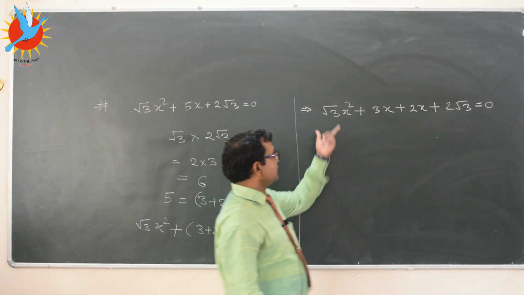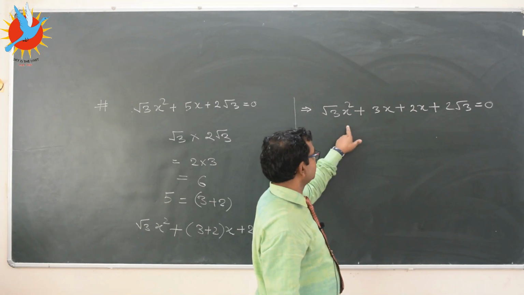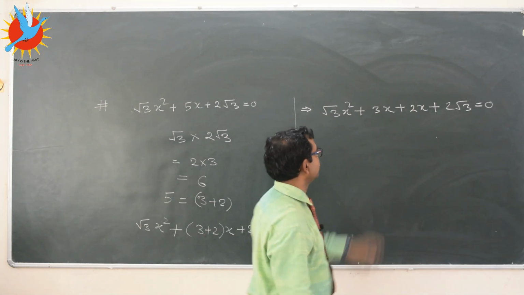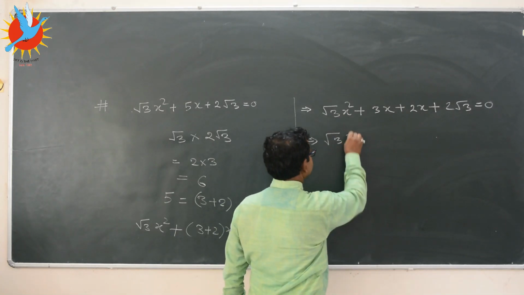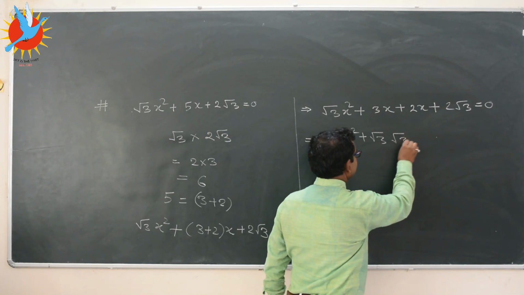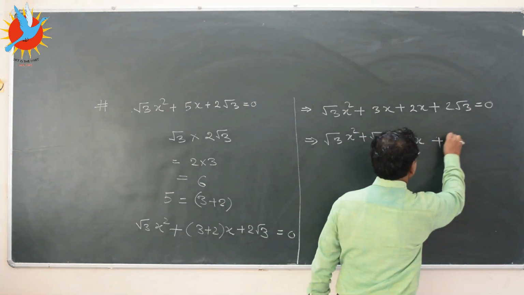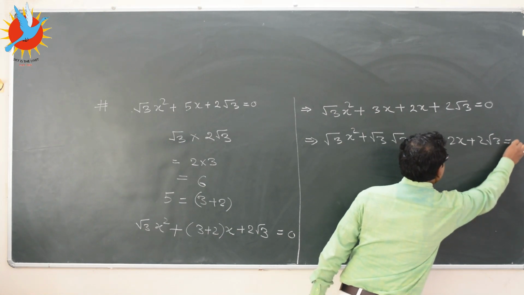Now we have to find out the common factor in the first two terms. Here is root 3, here is 3, so you have to make it in terms of root 3. This can be written as root 3 x square plus root 3 into root 3 x plus 2x plus 2 root 3 equal to 0.